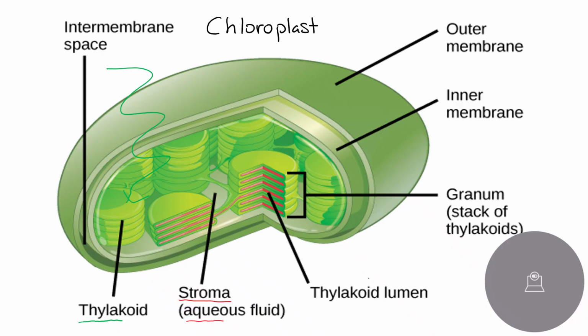This is the aqueous fluid inside the chloroplast, and you can think of it as the cytoplasm of the chloroplast, just like the cytoplasm is for the cell, gel-like fluid. And then the last one we need to know is the thylakoid lumen, which is inside the thylakoid, and then we can also call that the thylakoid space. Space and lumen can be interchanged.